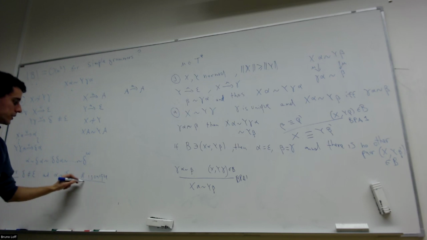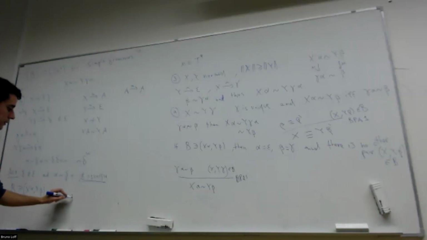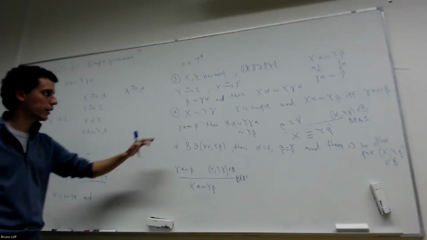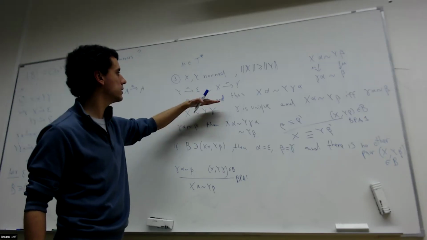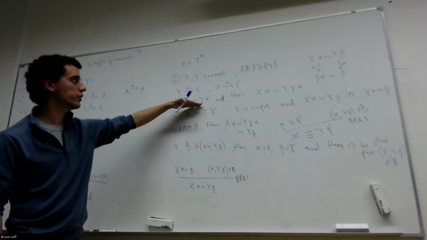Alpha is unique. So this means that if B contains the word x alpha y beta, in this case alpha is unique, so without loss of generality there is only one alpha. And I have concluded here that beta is bisimilar to gamma alpha. This is before the case analysis, so it's valid in both cases.